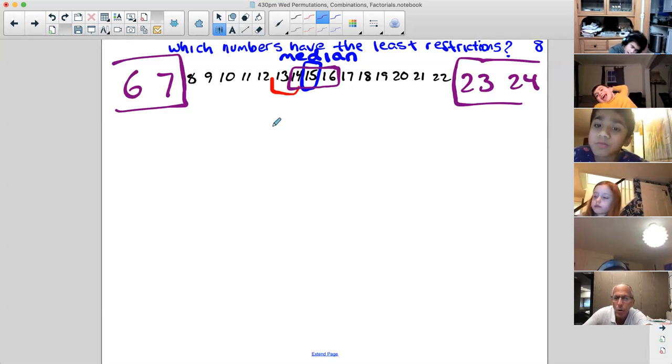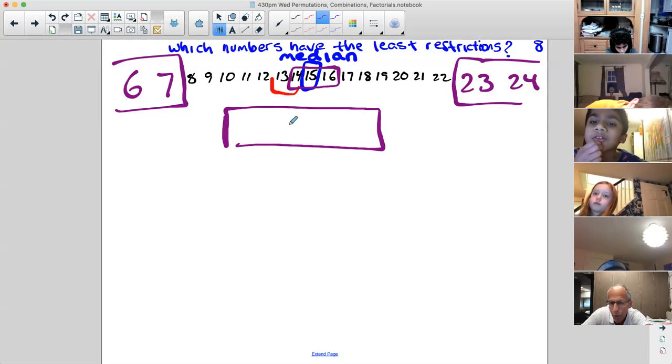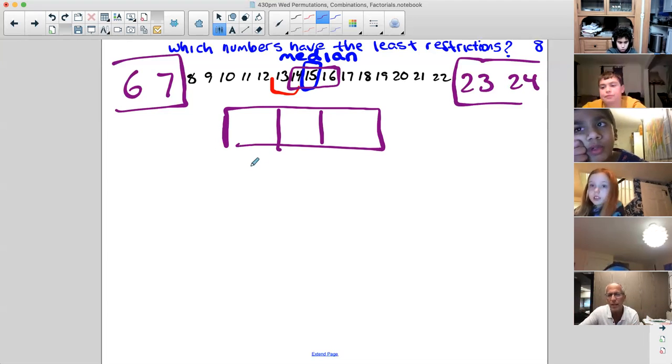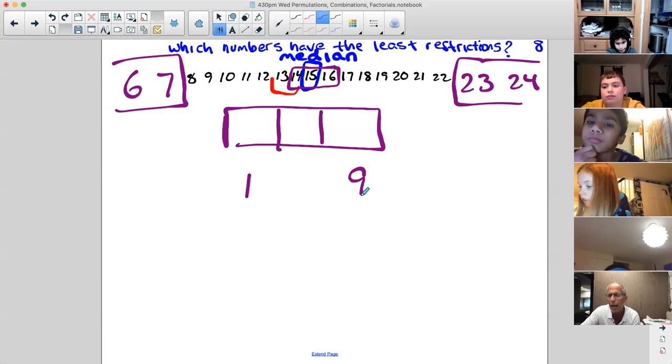Now, let's give it a shot. Everybody right now, start with 15. Remember, 3 numbers, and I want you to write all the different combinations. Remember, combinations are not permutations. So you're going to start with one with 3 different numbers. I recommend that you start with the number 1 and the number 9.